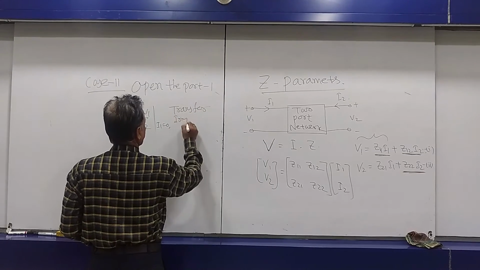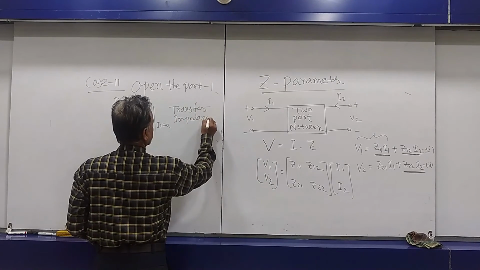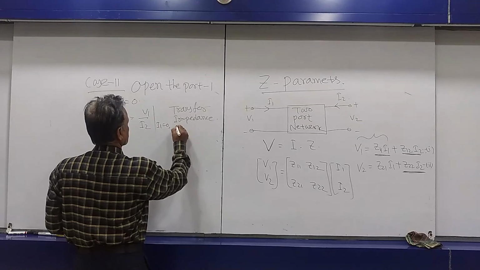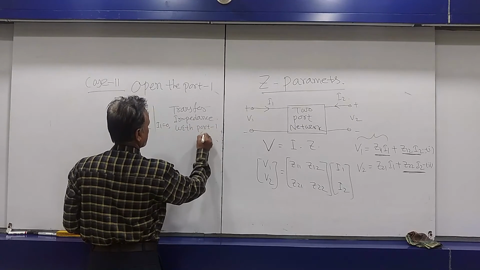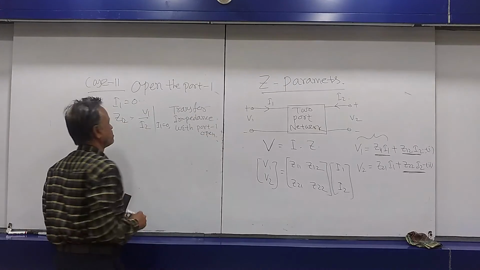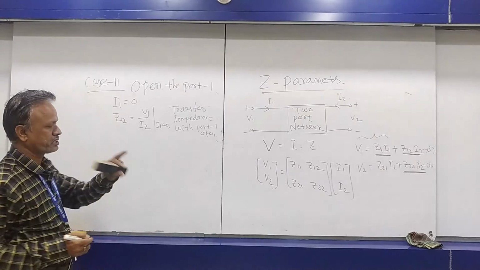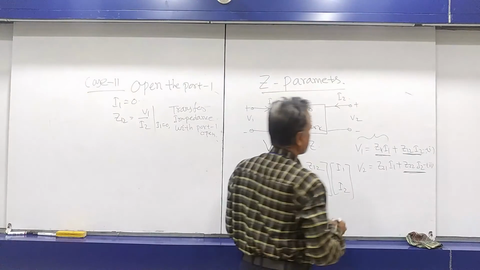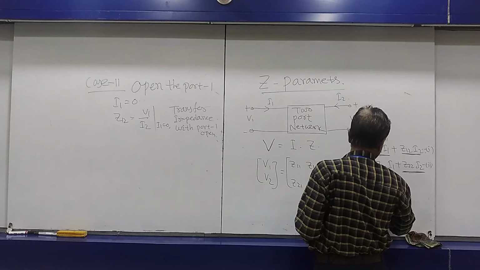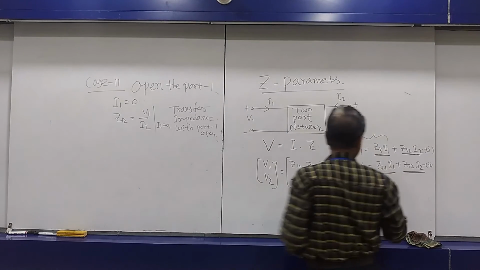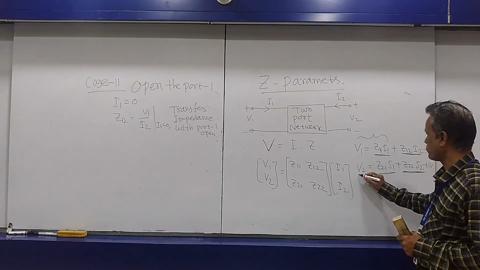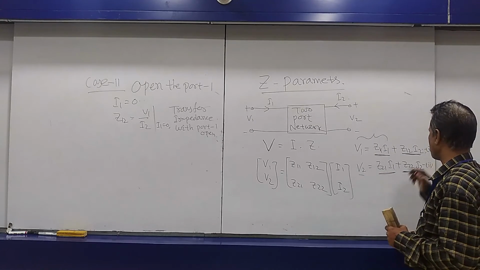It is called transfer impedance with port 1 open. Okay. Similarly, observe the second expression. The first term will be 0 because I1 is equal to 0. So we obtain only V2 is equal to Z22 I2.